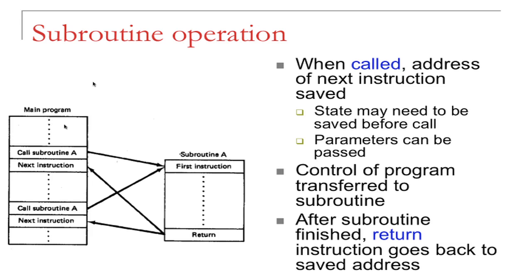The case I gave you is that in this main program, I have a value in AX that I will need to keep intact, because later on here I will expect the value of AX to be the same as the one I updated here. You can still use register AX, but you need to protect its original value by storing it in a different place and later retrieving it.